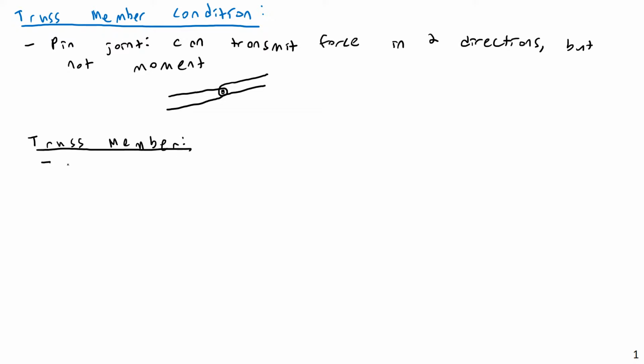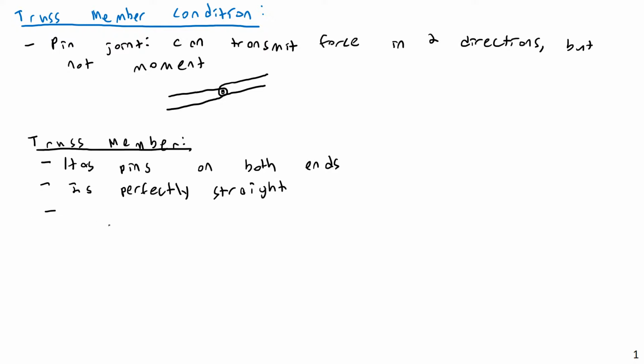A truss member has pins on both ends, is perfectly straight, and has loads applied only at the joints.